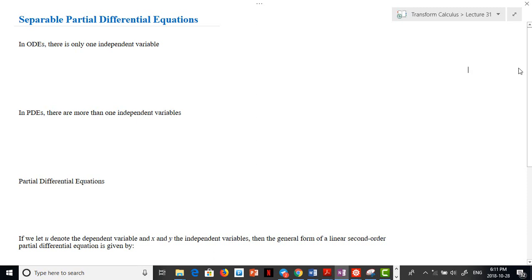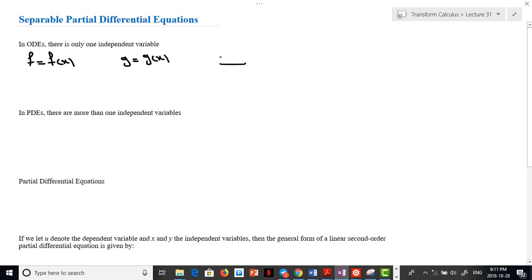In chapter 4, if you remember, we talked about ordinary differential equations and we solved them using Laplace transform. So you know that in ordinary differential equations, we have just one independent variable. For example, if we have a function f, which is a function of x, and g, which is a function of x as well, we have just one independent variable, which is x.